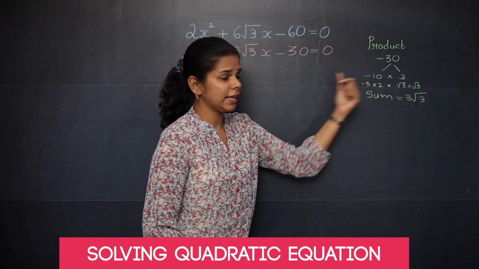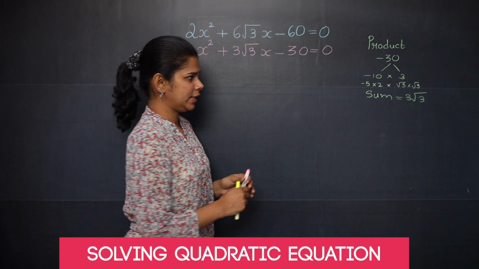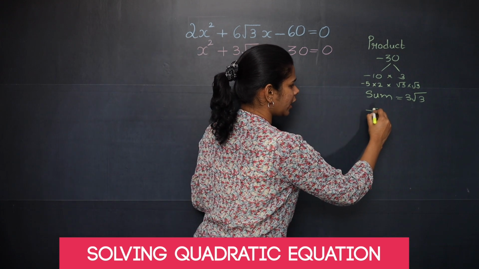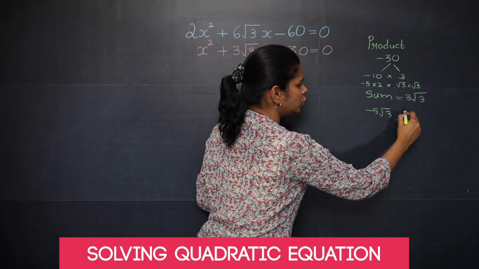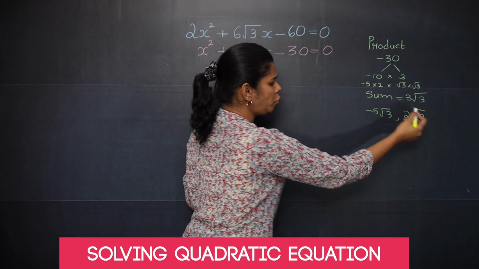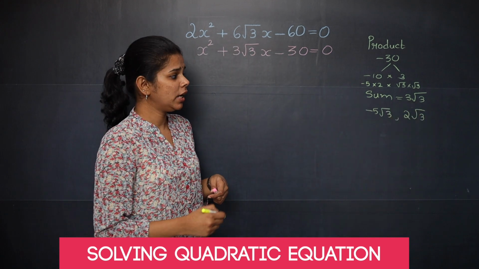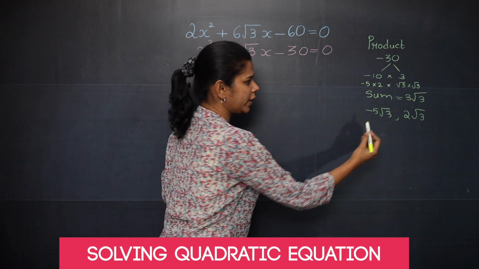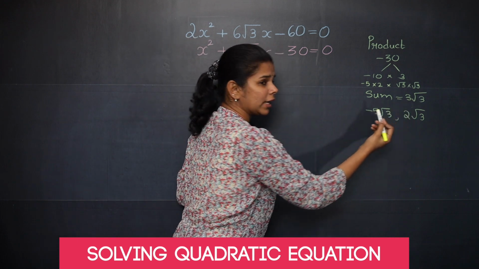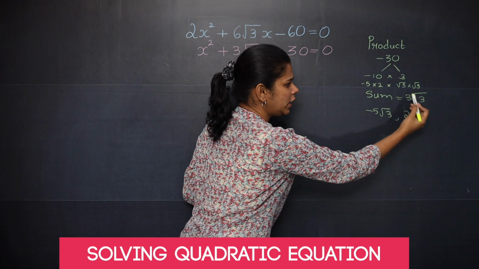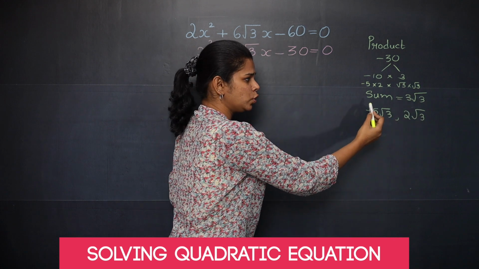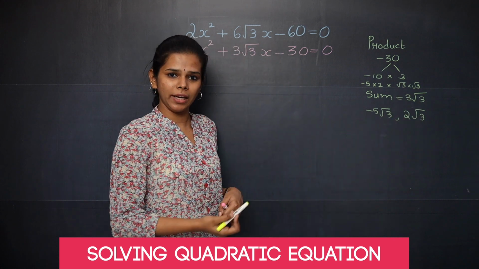So from this set, you can get the numbers. That is −5√3 and 2√3. When you multiply −5√3 and 2√3, you will get −5 into 2, that is −10, √3 into √3, that is 3. So −10 into 3 gives you −30.